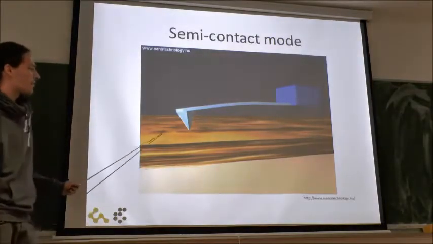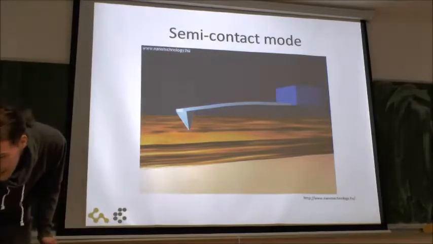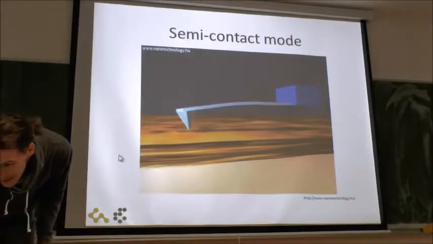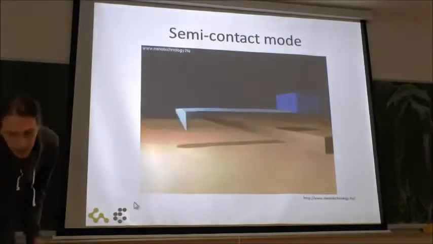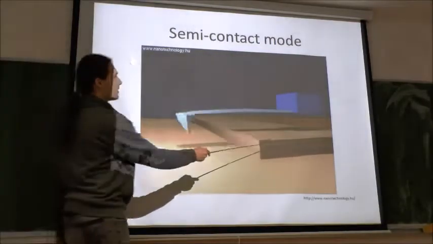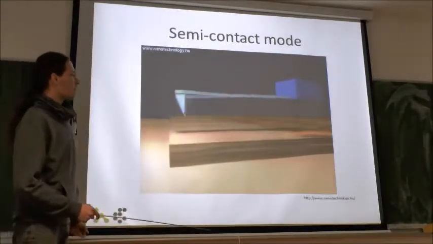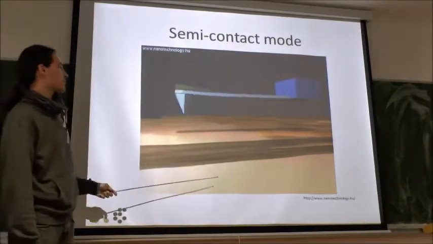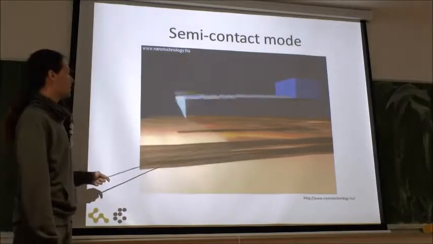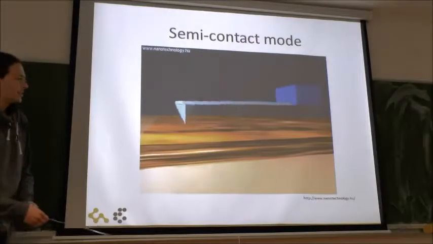We play it again. We can also observe the difference between two different kinds of sample, because there's a different interaction, and we can observe that here it will change the amplitude of the tip.